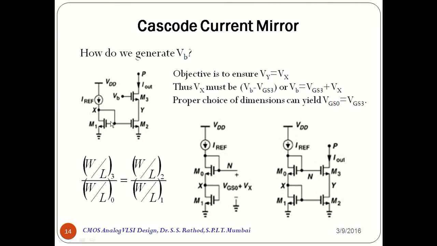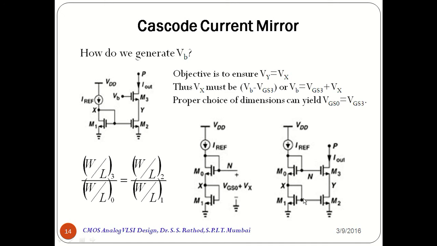So let us modify this circuit, and the modification is shown in this center figure. Here we are connecting one more device, and the gate terminal of this device is connected to VB. Finally, this last figure is the cascode current mirror, wherein there are M0, M1, M2 and M3 transistors.